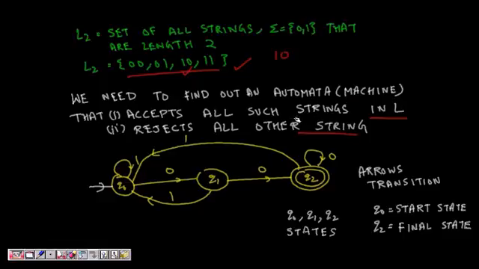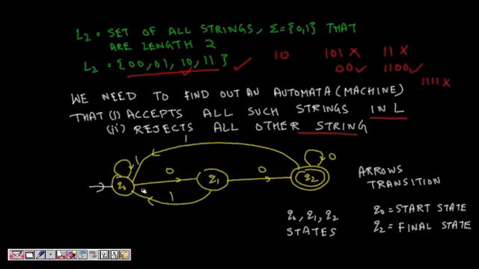So for our language, all strings ending in 00 should be accepted and all other strings should be rejected. For example, if I give 101, it should be rejected; 11 should be rejected; 00 should be accepted; 1100 should be accepted; 1111 should be rejected.